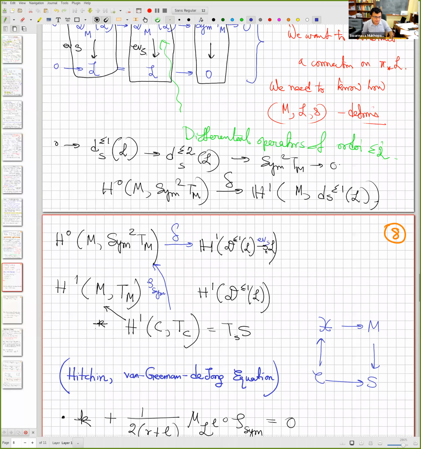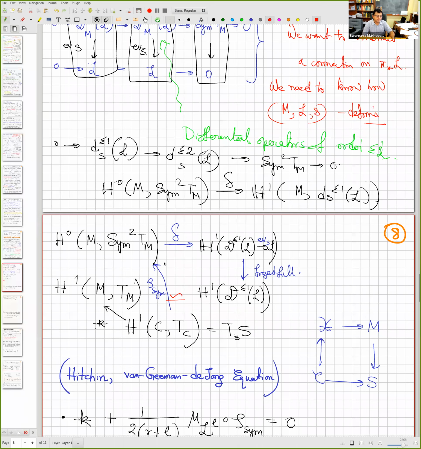But I can ignore the evaluation part, so I will get a map out here, some forgetful map. Again, since the Picard group is discrete and M is a projective variety, it turns out that there is no H1 of the structure sheaf. So this is isomorphic also to the tangent bundle.